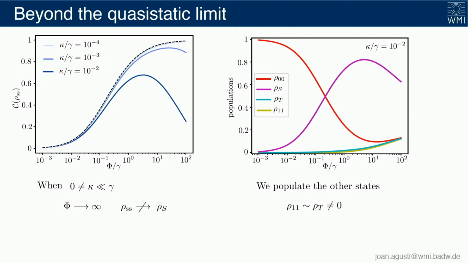The reason is that as we increase the thermal fluctuation, we start to populate other states, and this turns out to be quite detrimental for the entanglement. Still, in our work, we are able to find an effective model in which we can predict the critical value at which the entanglement peaks and starts to decrease.